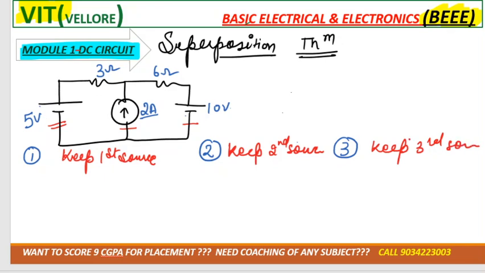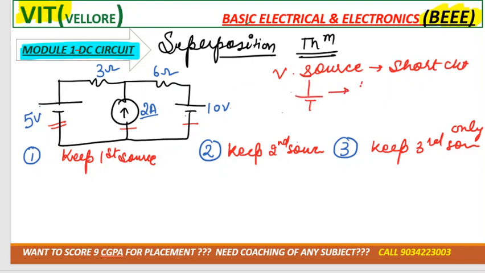Only. And how can we eliminate? A voltage source must be short circuit, as we have done in Thevenin also. If there is a voltage source, that must be short circuit, and a current source must be open or short? Open circuit, right?